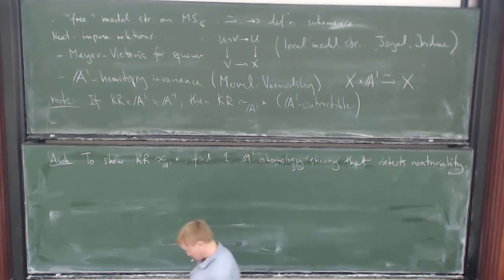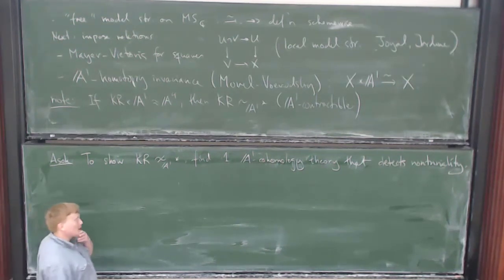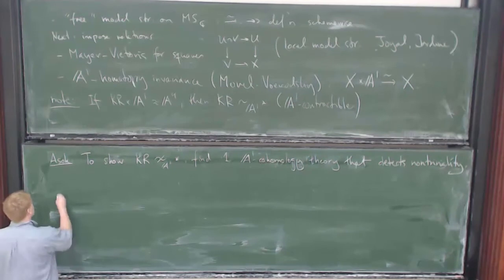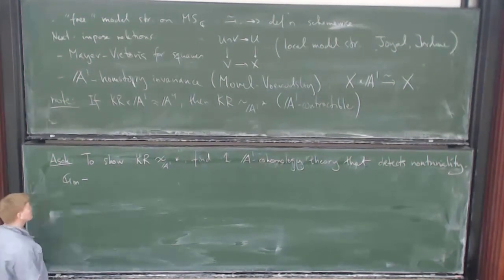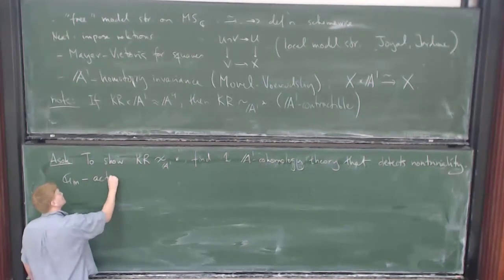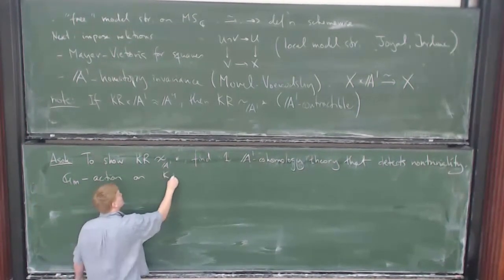And the idea here is to invoke the Gm action on Kr. So Gm, the multiplicative group, acts on Kr.